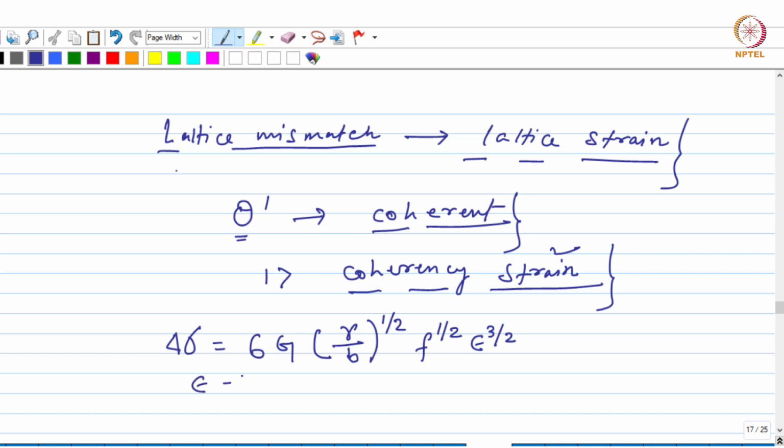Where epsilon is the lattice strain associated with the misfitting solute atoms. R is the size of the precipitate particles or the radius of the particles.